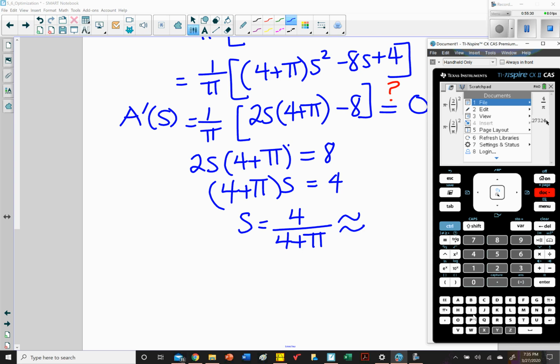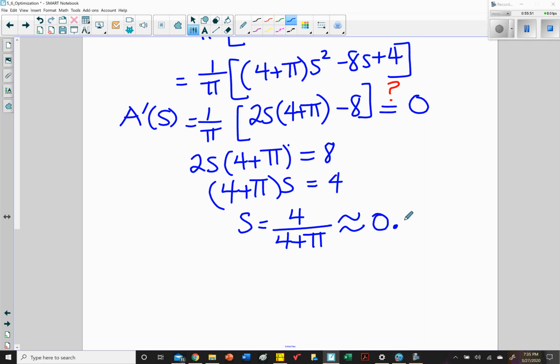So clear that out. 4 in the numerator, 4 plus pi in the denominator, 0.56009.